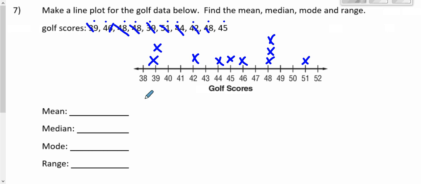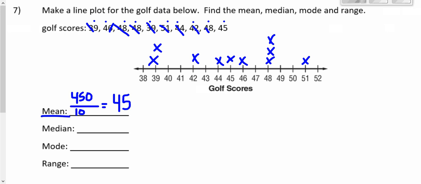So we should be at 450 when I added them up. I've already counted that I have 10 data points, so I'm dividing by 10. And 450 divided by 10 gives us 45 for our mean. The mean is the average. We add them all up and divide by how many we have, and we have 45 there.